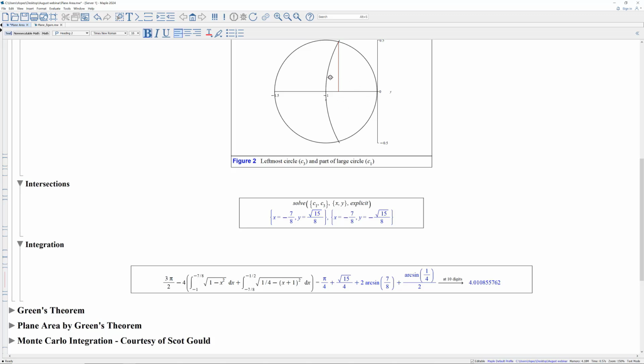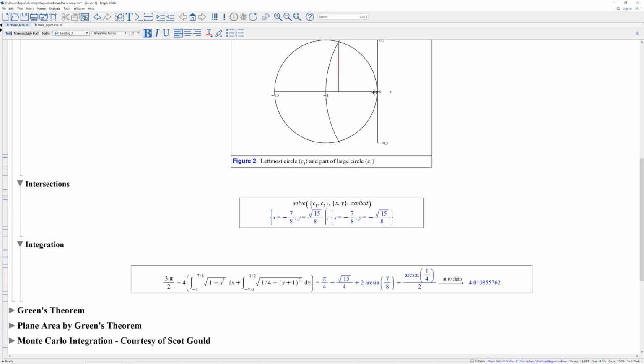And remember, we have this amount 4 times, and this amount requires these two integrals, -1 to -7/8, and -7/8 to -1/2. Don't let this 0 fool you. That's there for the vertical axis. You've got a radius here of 1/2.